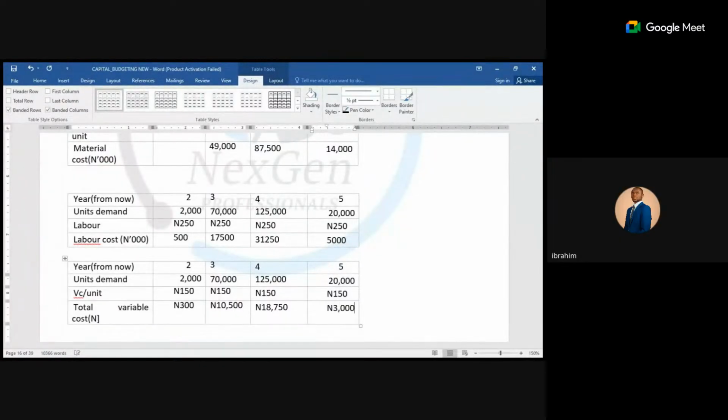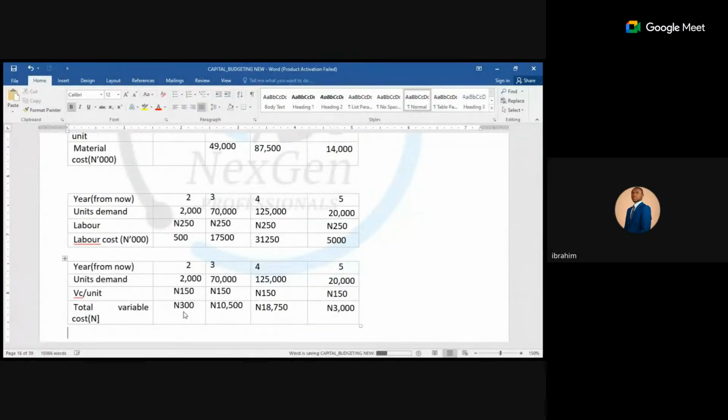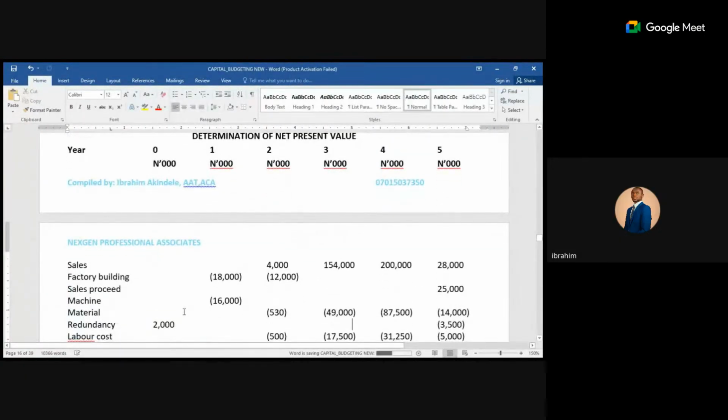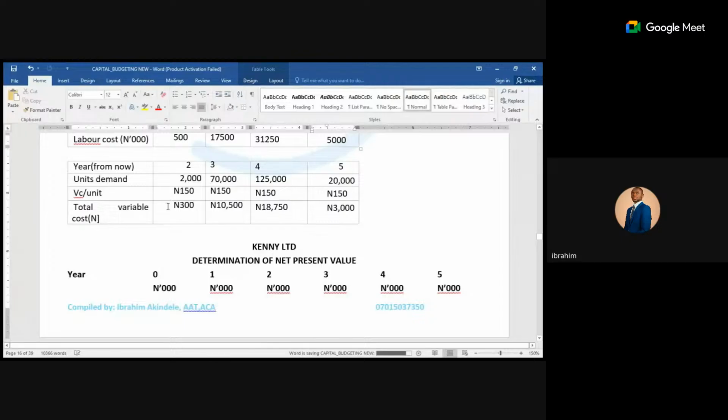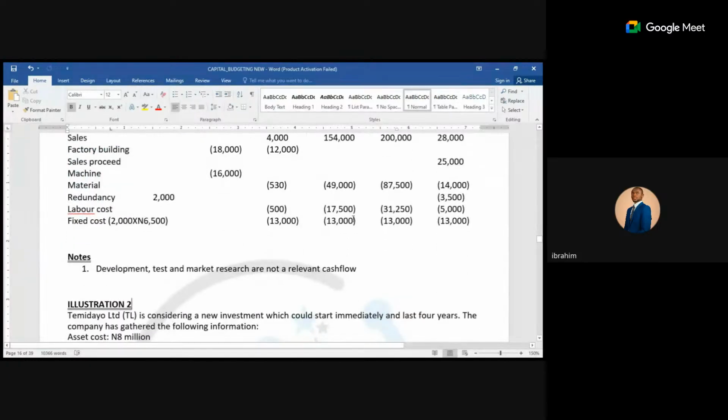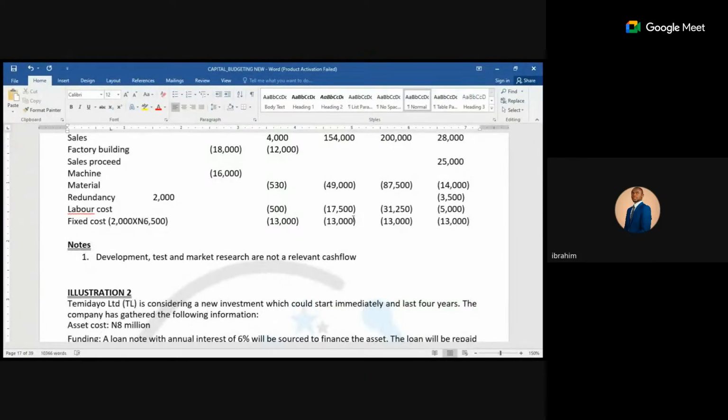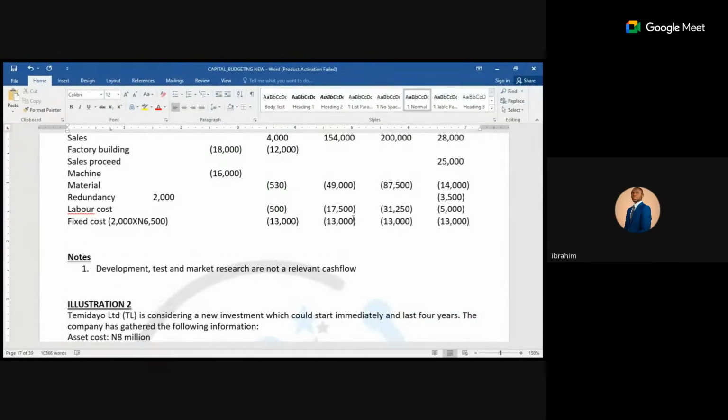So we can copy this as my variable production overhead.